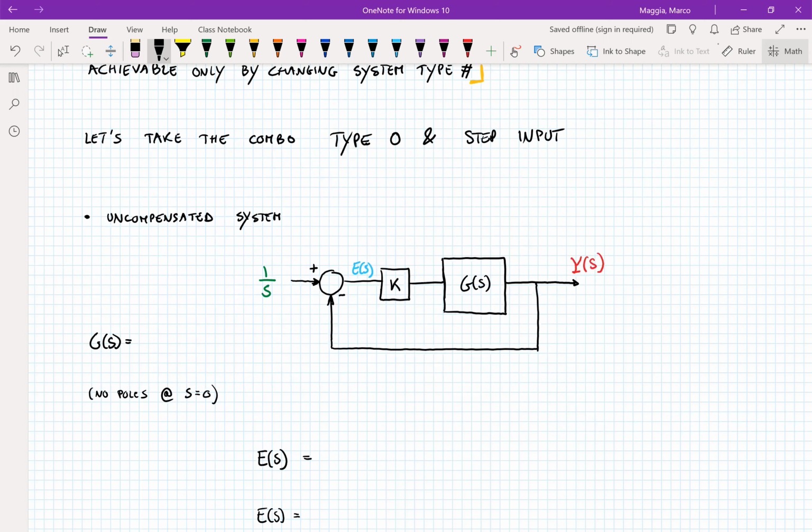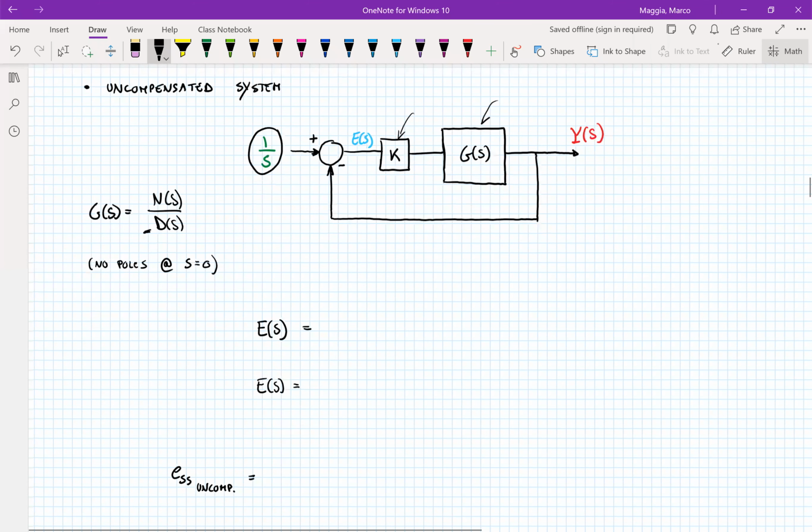So we have first the uncompensated system whose input is the step, that is 1 over S. So we have the gain, we have the plant G of S. And G of S being a type 0, we can write it as N of S over D of S. You see that we don't have any pole at the origin.